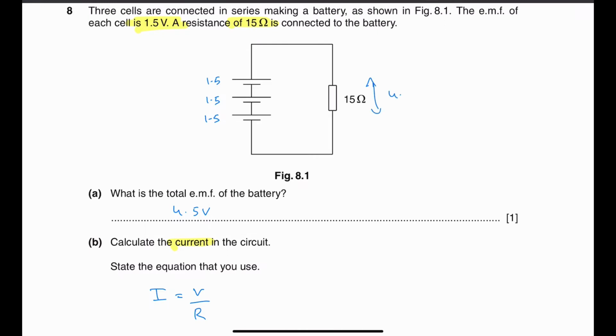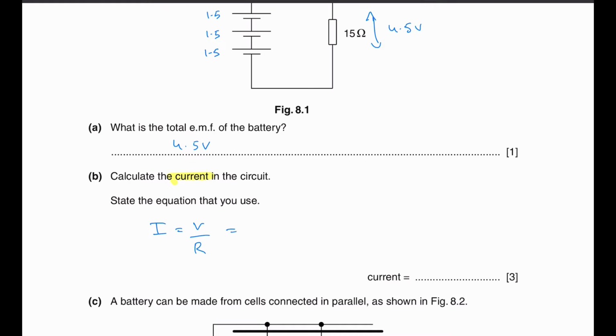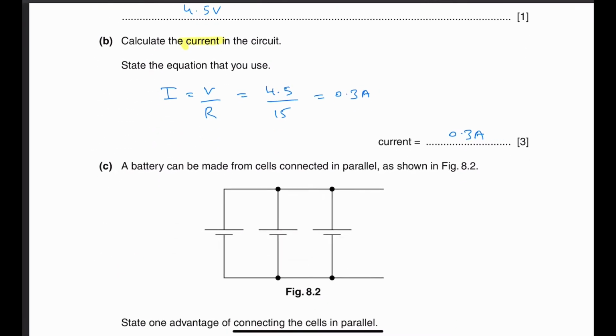Well, obviously this is going to be 4.5 volts, which is the EMF of the battery, and then we have the resistance as 15 ohms. So all we need to do is 4.5 divided by 15 ohms, and that should give us 0.3 amperes. So we'll write down an answer with the units. The units are really important.